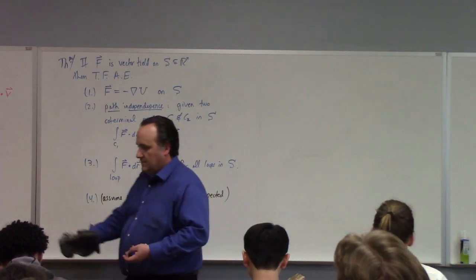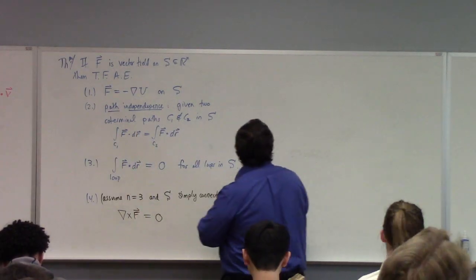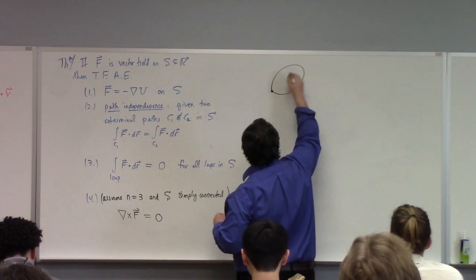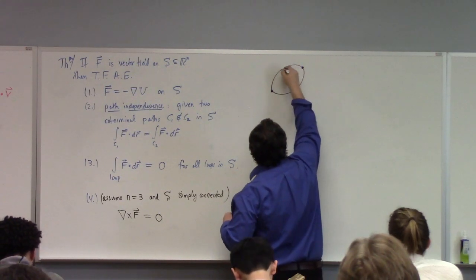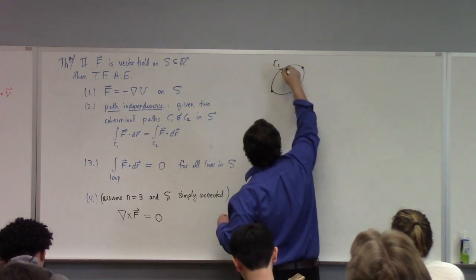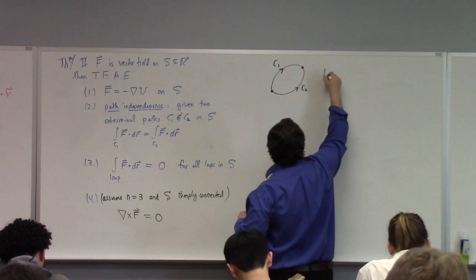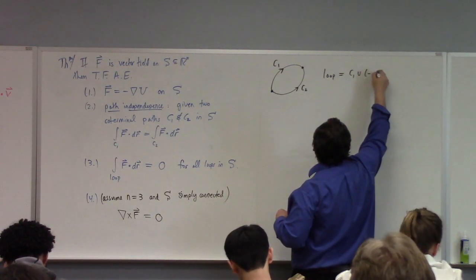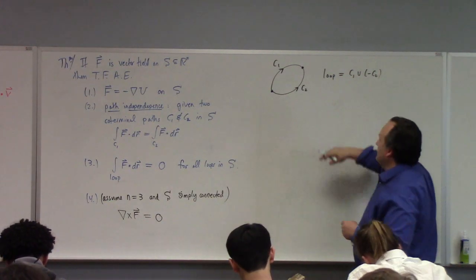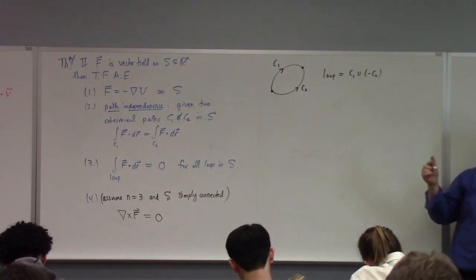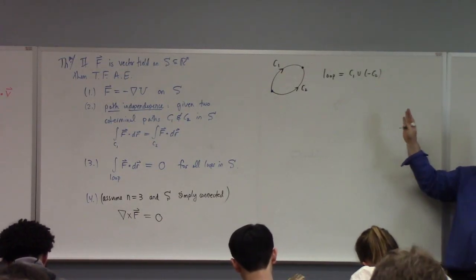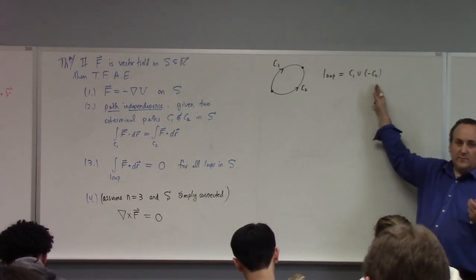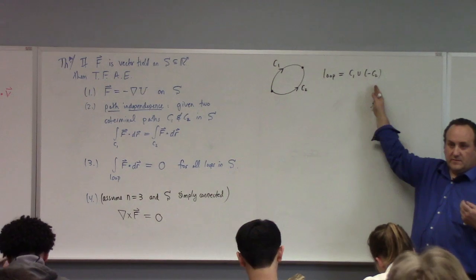So if you think about the loop, if I pick 2 points on the loop, I could call the upper one C1 and the lower one C2. So my loop I could think of as being C1 unioned with minus C2. If the integral around a loop is 0, it means the integral along the union of C1 and minus C2 is 0.